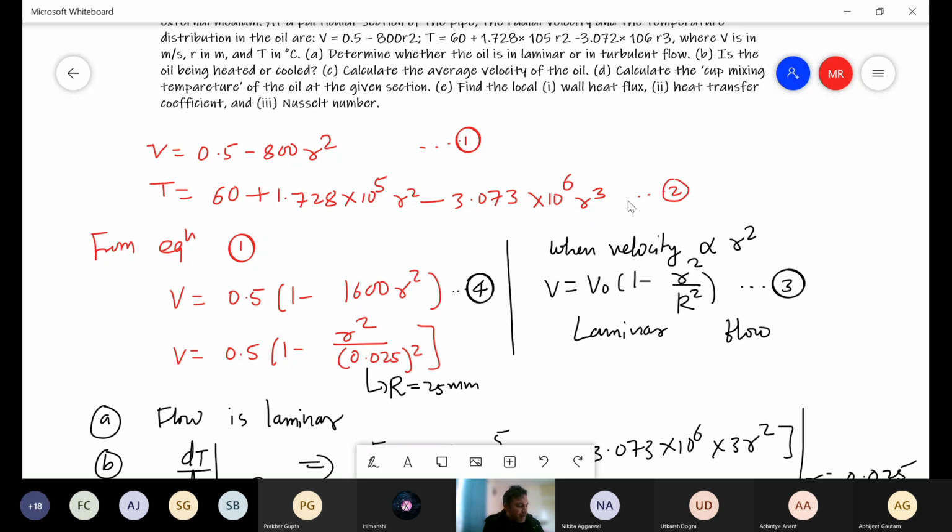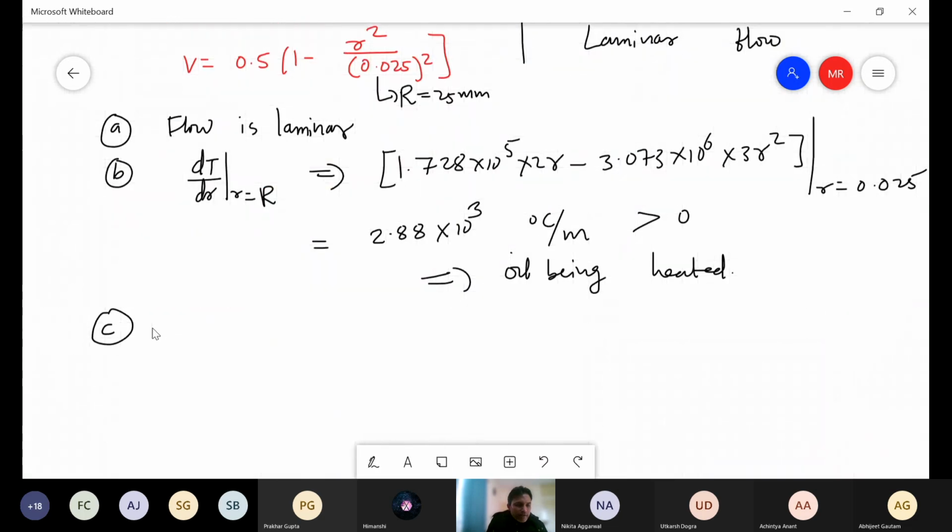What are all the variable values? Velocity, density, specific heat, viscosity, and temperature. Everything you combine and then you calculate the average value. I will write down the expression for that so that you will appreciate what I'm trying to say.